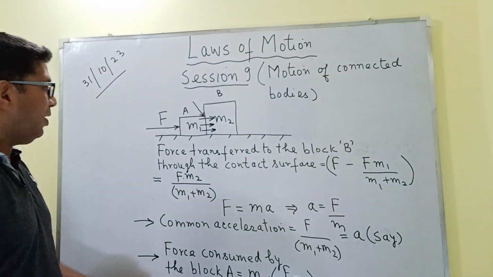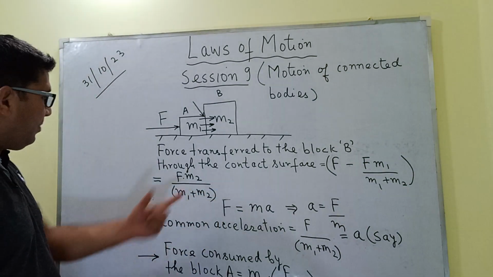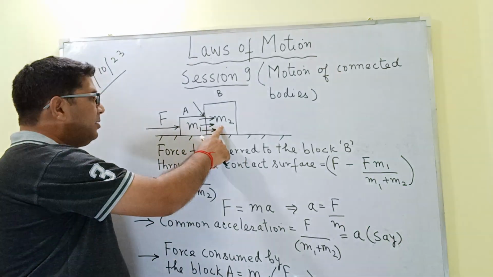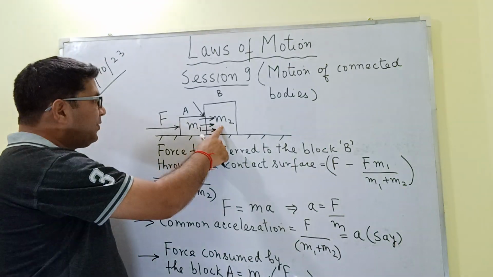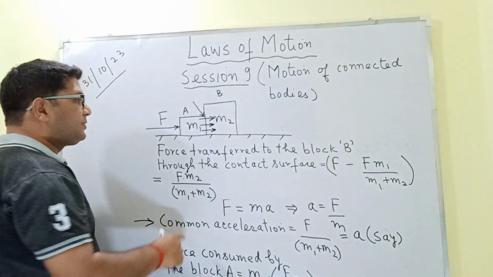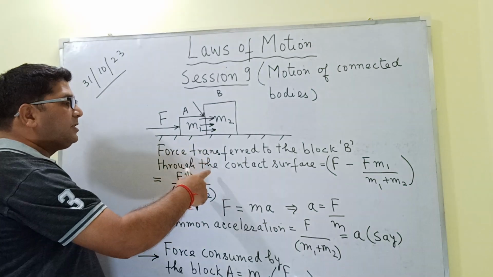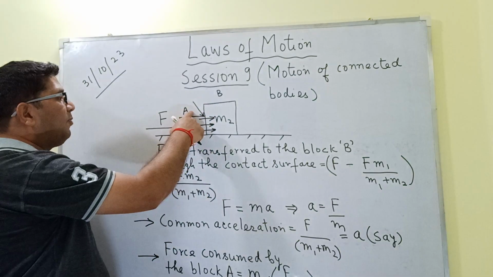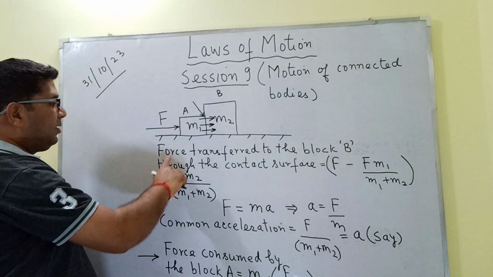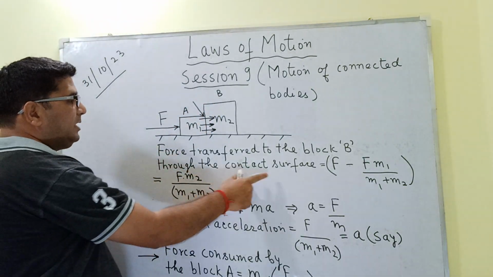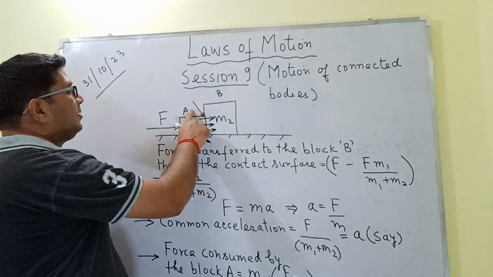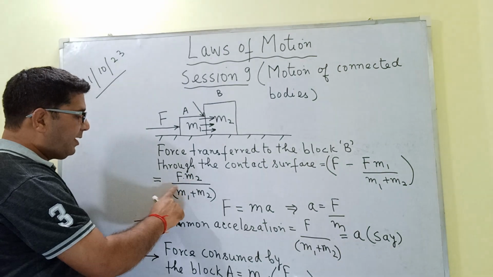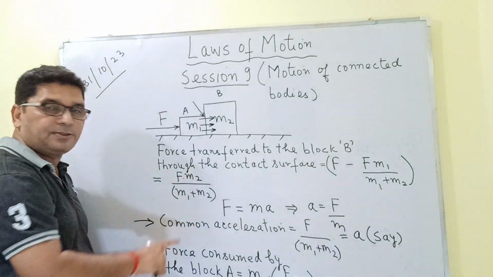Okay, so this is how we can calculate the common acceleration and the force at the common contact surface of these two blocks, or we can say the force at the common interface of block A and block B. So the force at the contact surface of A and B will be equal to F into m2 divided by m1 plus m2 in this case.